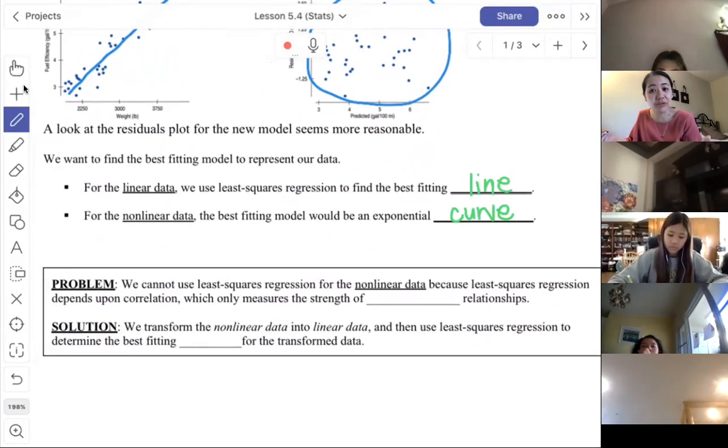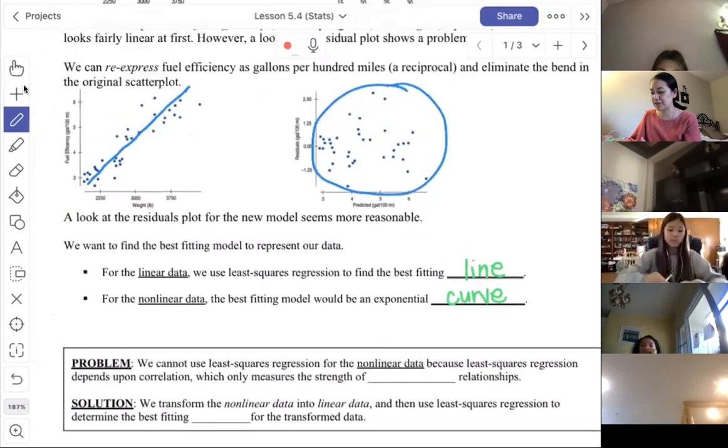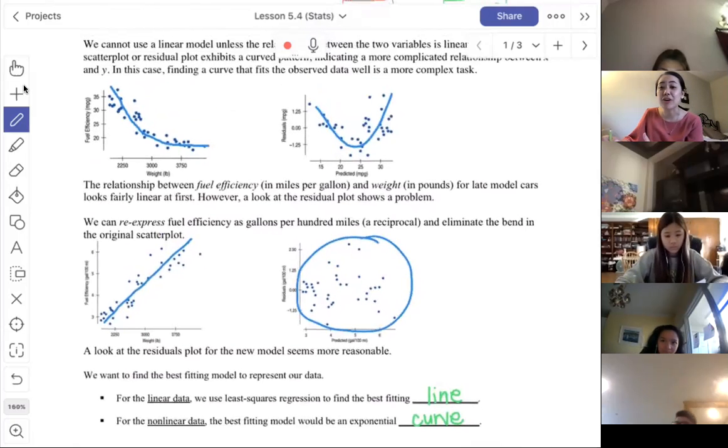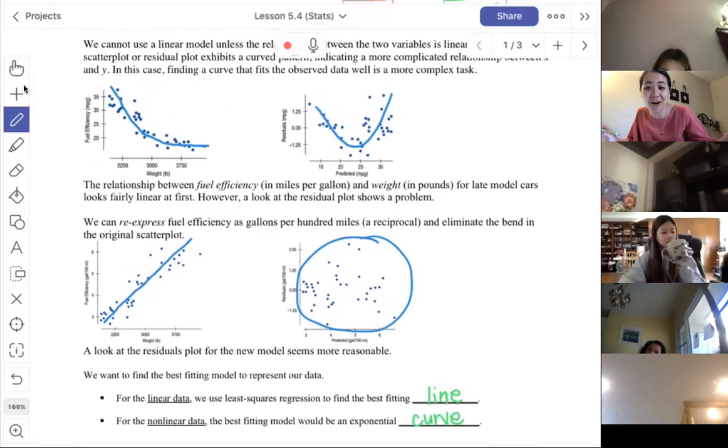And we could do that, and some statisticians do that. Instead of re-expressing or transforming data, they'll just find the best fit curve. That's a little beyond our scope of the lesson. That would take maybe some calculus, which again, you guys chose to take stats for a reason, right?